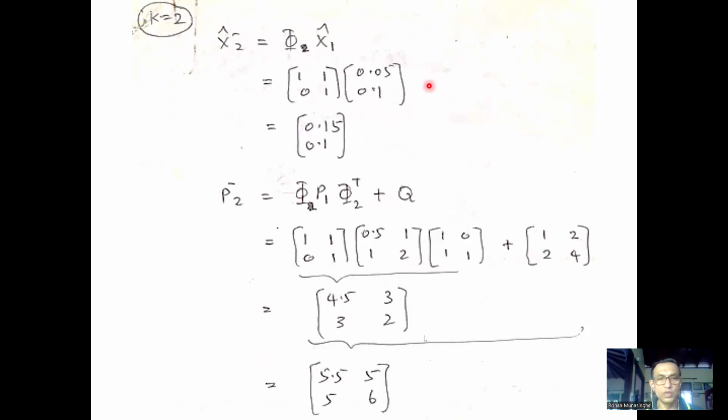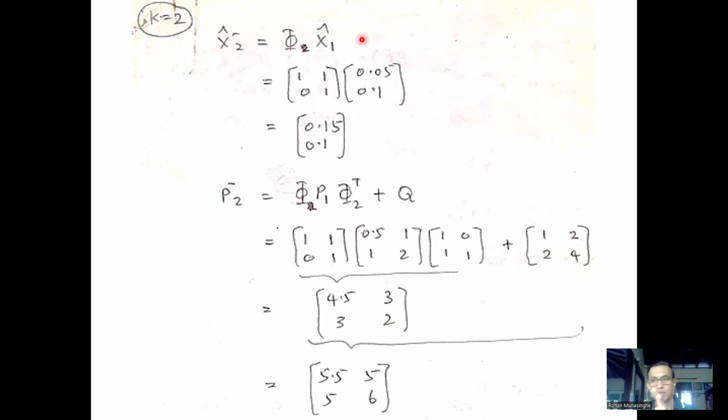Now, this is the fully fledged iteration, right? Where we get the calculations of K1, and make full use of those calculations in K2. First thing is the predicted value for the state at k2, so it is x2 minus.